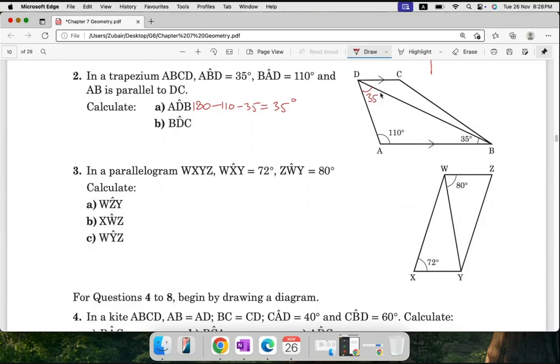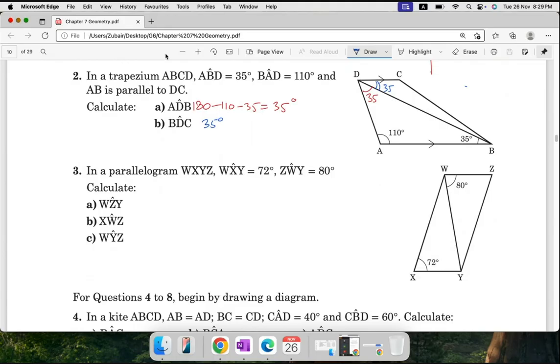This angle is 35. Then BDC. BDC is this angle. When we look at the parallel lines, this makes it an alternate angle. So straight away it is equal to 35 as alternate angles.